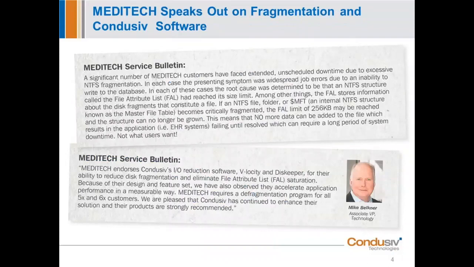Here we've taken a little snippet from the various MEDITECH service bulletins that talk about what happens, and this is really a Windows issue. It's not one that has to do specifically with anything MEDITECH did, but it has to do with excessive fragmentation within NTFS, and specifically the file attribute list. So, GQ, you want to speak briefly about that, and we'll continue on?